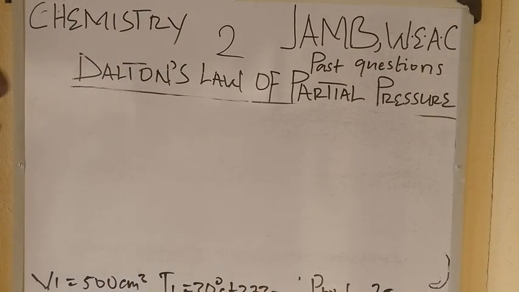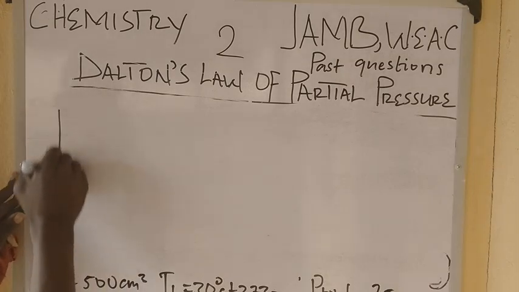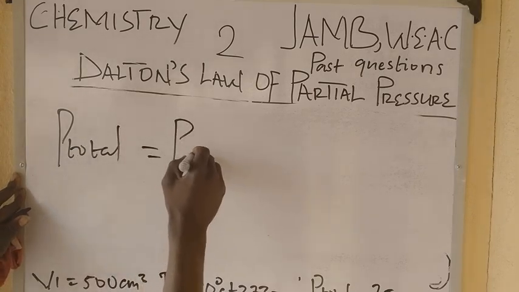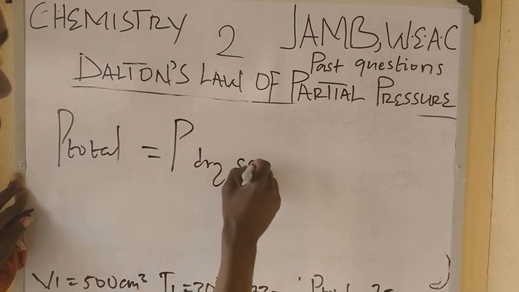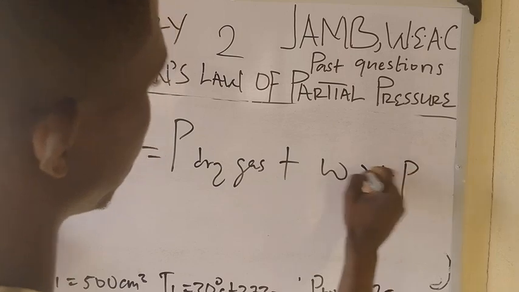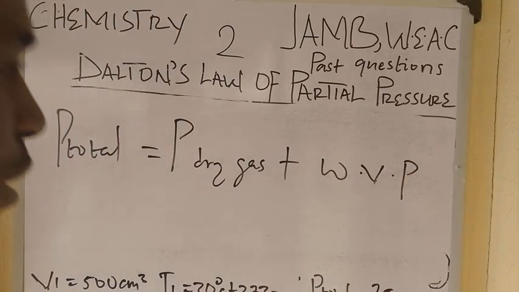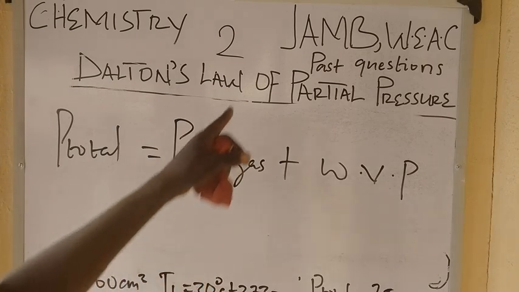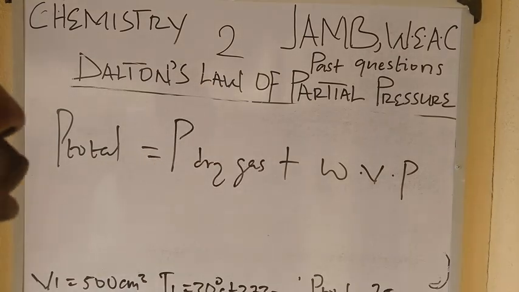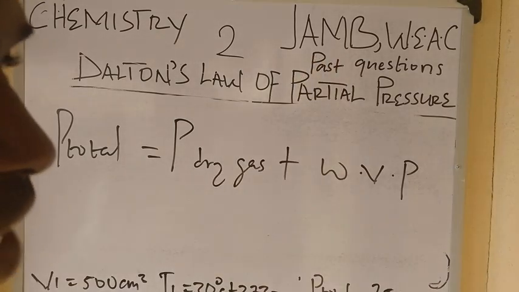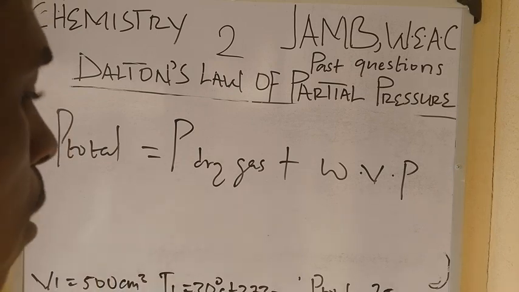Now there's a formula that says P total is equal to P dry plus water vapor pressure. This is one of the formulas we derived in our first class for Dalton's law of partial pressure. Please try and watch the class to have a clue on how to tackle problems on Dalton's law of partial pressure.